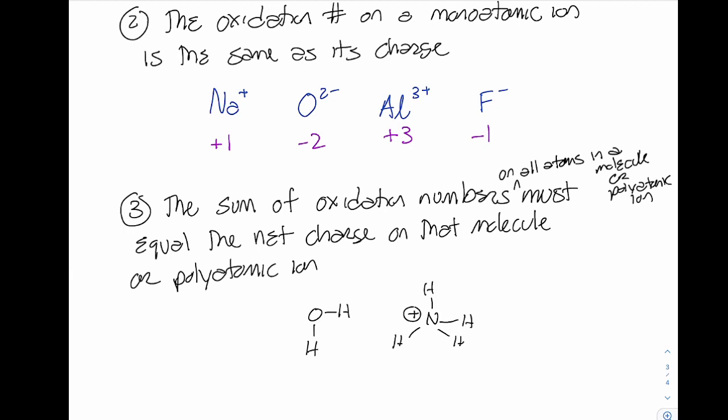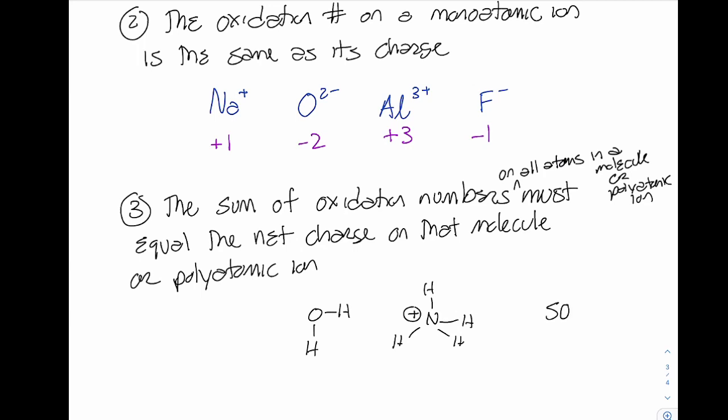So we're going to assign oxidation numbers to all the atoms in our molecule or polyatomic ion, and then when we total them together, they have to equal the net charge. So if the net charge is 0, they have to sum to 0. Here I have a net charge of +1, so they have to sum to +1.